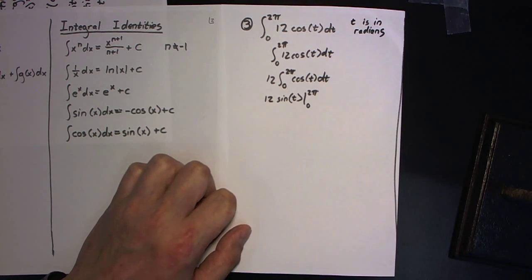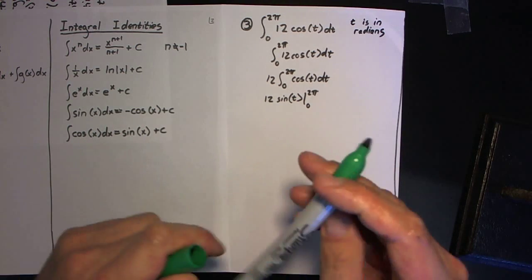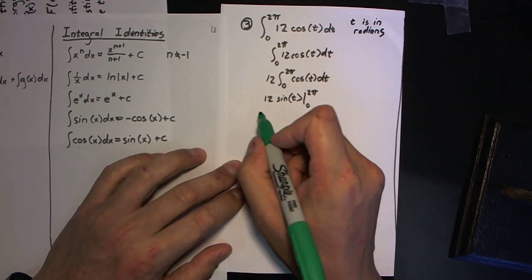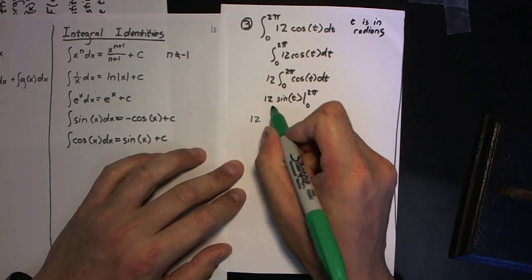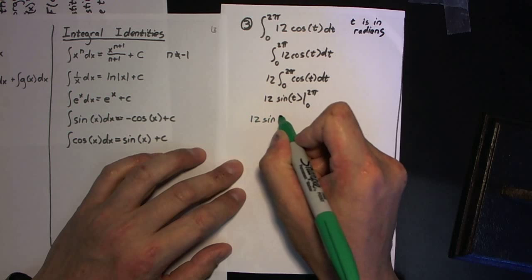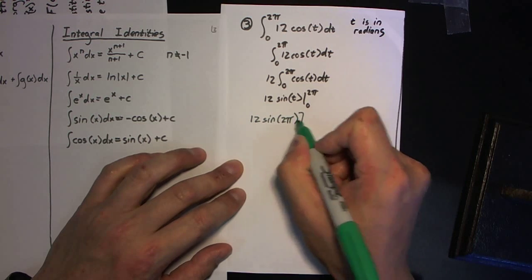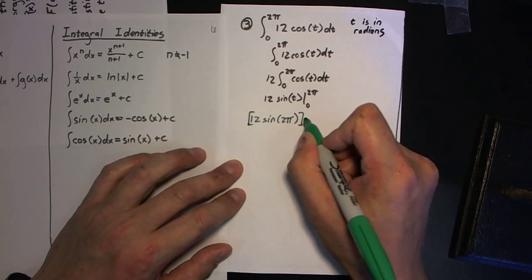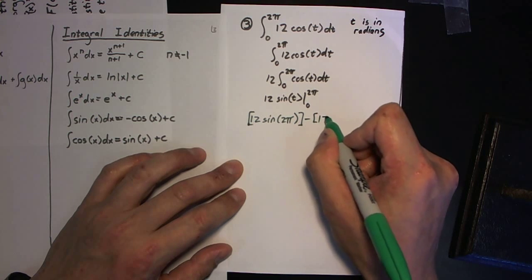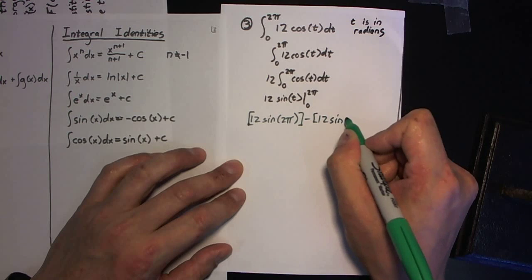So we get, and if you want to think of this as step 2, 12 times the sine of 2 pi minus 12 times the sine of 0.